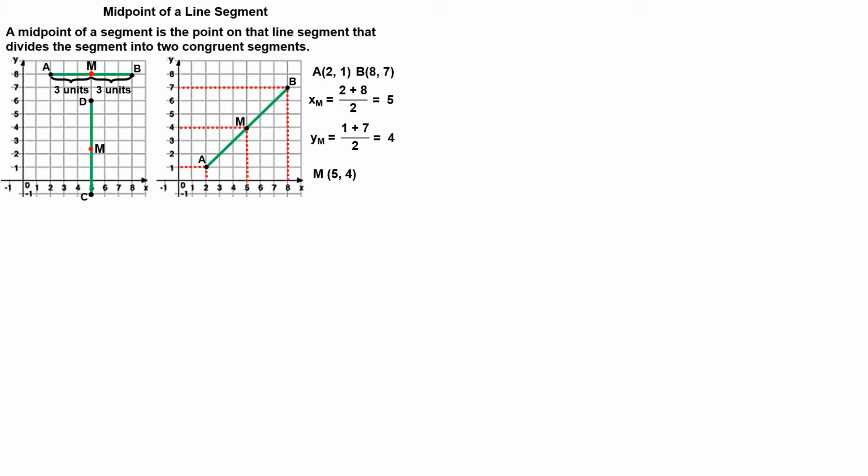The midpoint formula works exactly the same way. If you need to find the point that is exactly halfway between two given points, just average the x values and the y values.